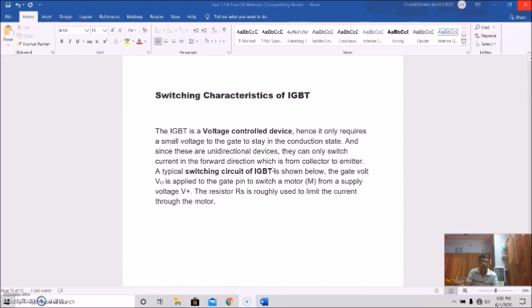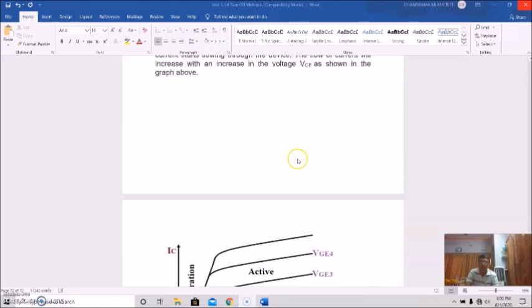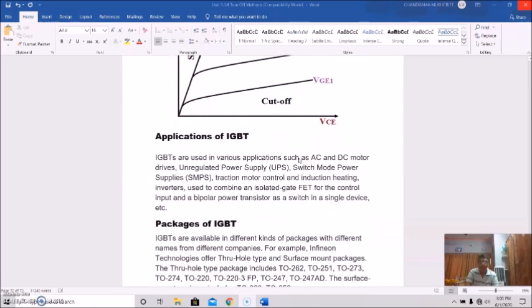That is its switching characteristics. Now, the applications of IGBT. IGBTs are used in various applications.